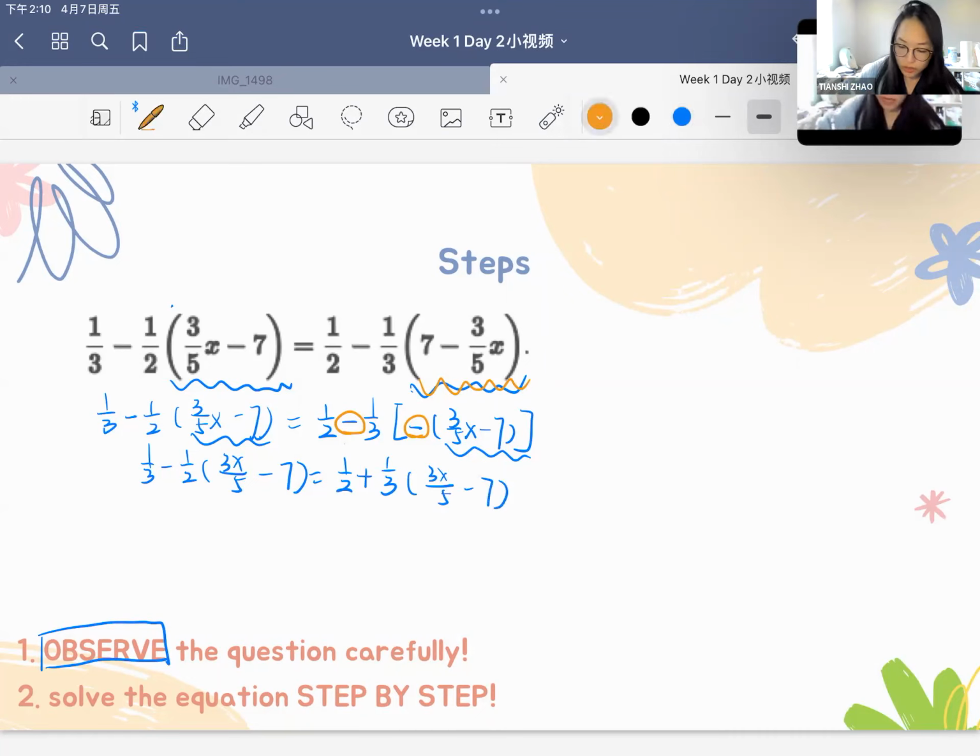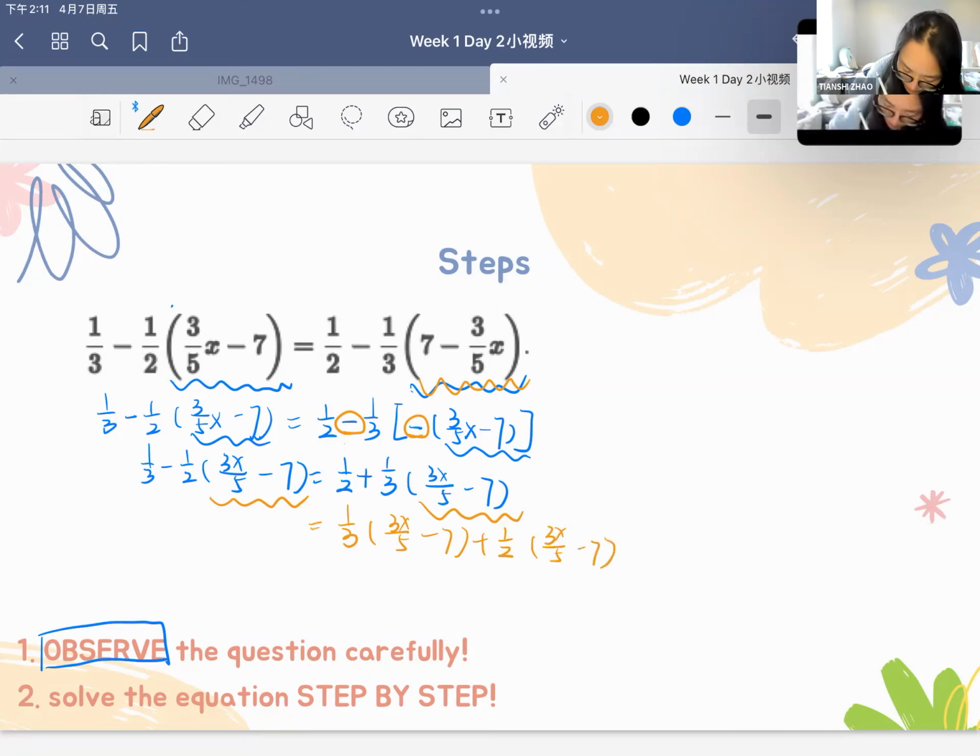And then actually these two parts, the part within the parentheses, they are exactly the same with each other. So we can move the things that look the same to one side of the equation. So we will have 1 in the numerator, and then 3x divided by 5 minus 7, and then we have this term if we move it from the left side to the right side.